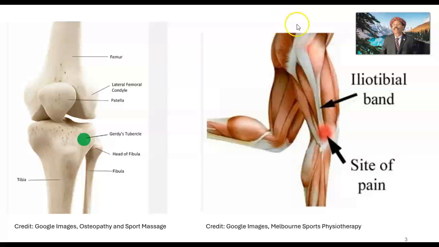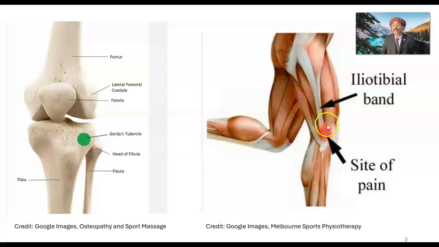So here is the iliotibial band, also called iliotibial tract. It receives the insertion of two muscles. One is gluteus maximus and another one is the tensor fascia lata, both inserting on it.